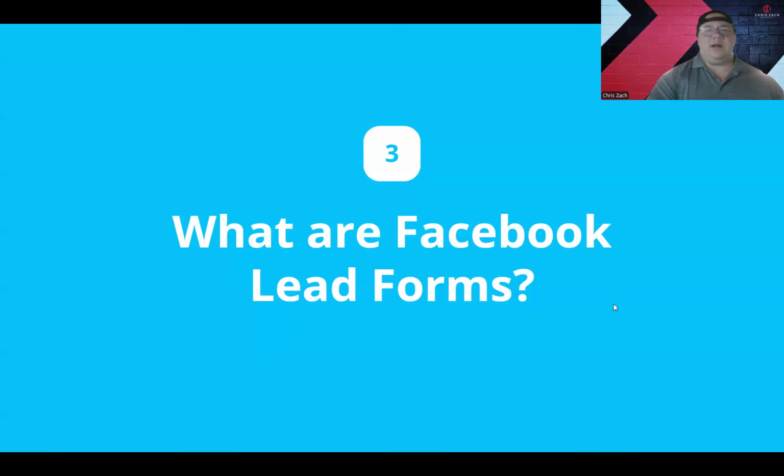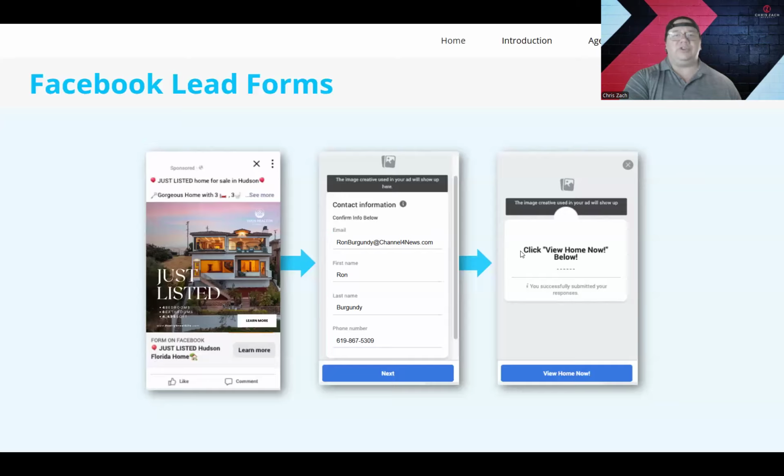All right, perfect. So let's next talk about Facebook lead forms. As I mentioned, this is my favorite type of ad that I run. How Facebook lead forms function is you're basically getting consumers to register on Facebook. Consumers are online, they see your ad, and right here you'll notice it says learn more.